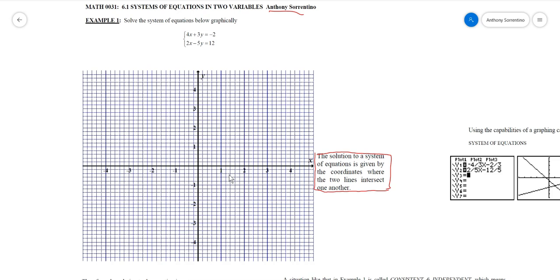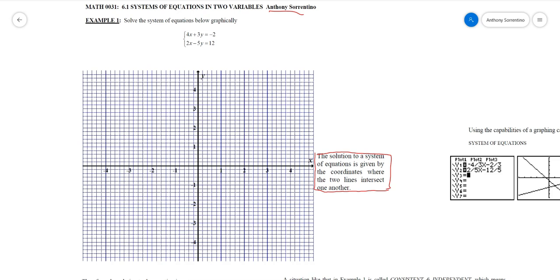So it's always a good idea to have an idea of what the scaling of your graph is, so that you have an idea of where you can place points a little bit more accurately when you actually get to graphing. But sometimes, no matter how well you try to prepare for that and make it as precise as possible, you may have a scaling that doesn't just work really well with the equations.